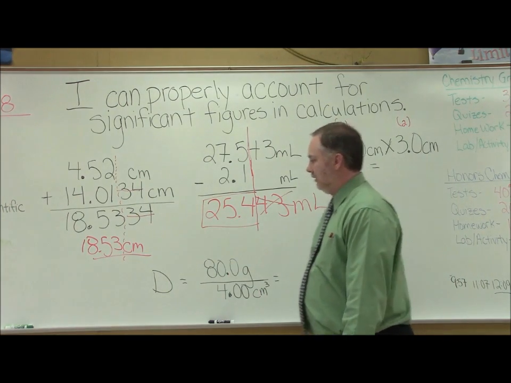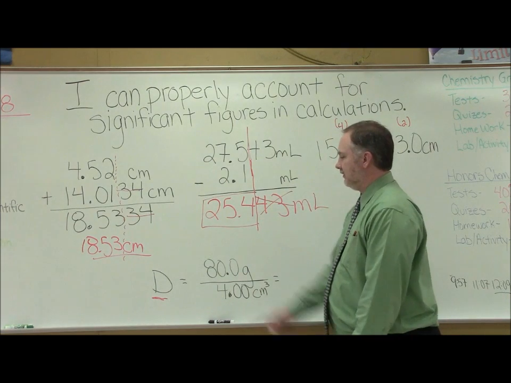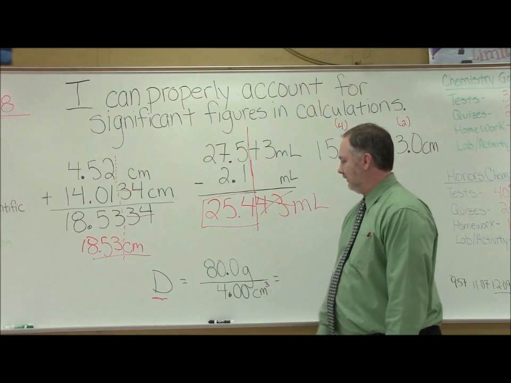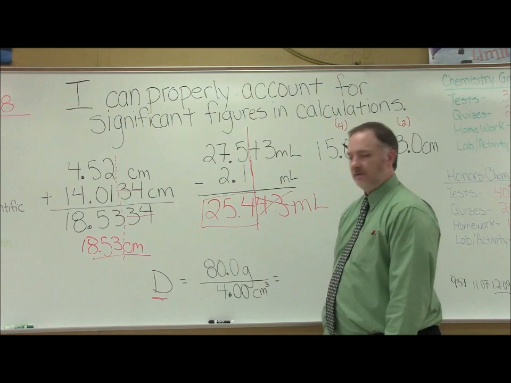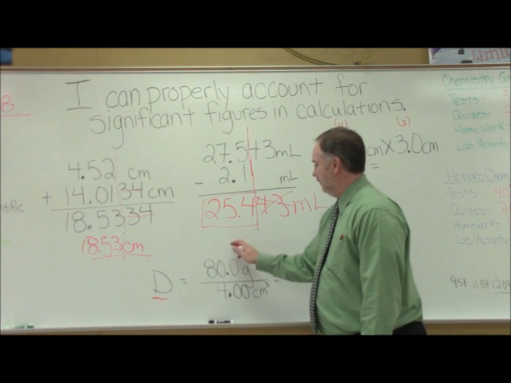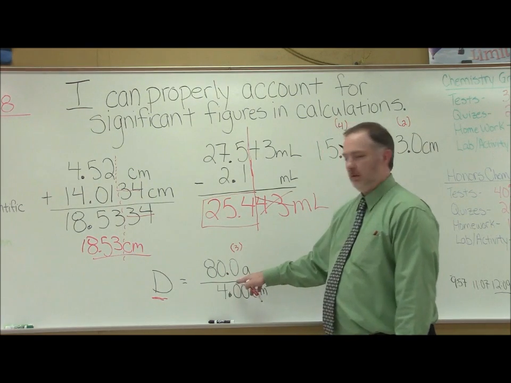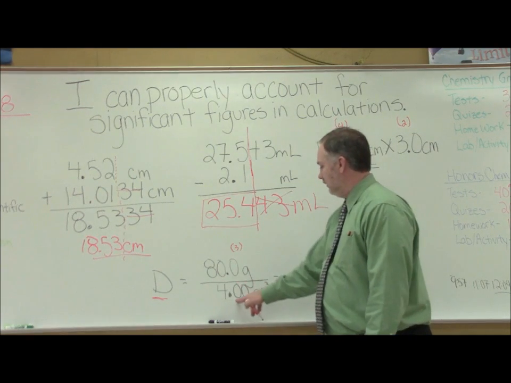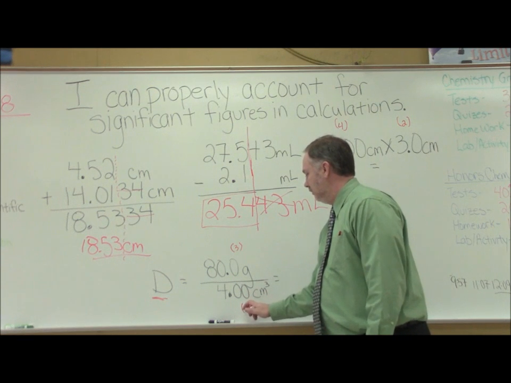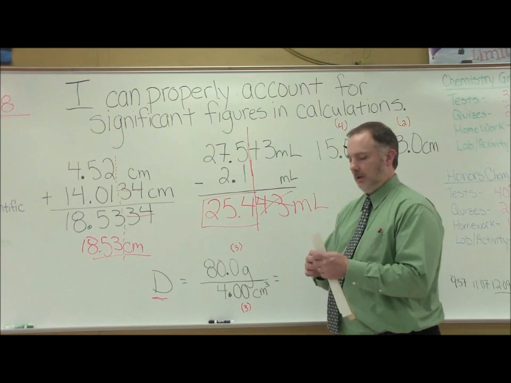In our division, and by the way, I didn't mean for that D to mean division. That's our density formula. I've got mass on the top divided by centimeters cubed, or volume, on the bottom. I've got 80.0. There are 3 significant figures in that number. And there are also 3 down there that we're dividing it by.